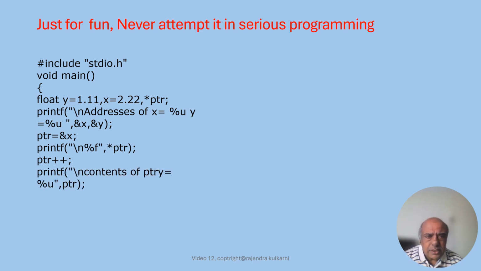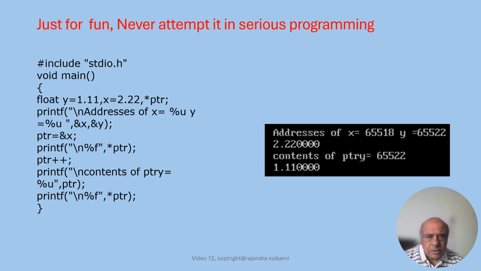Now we are trying here to find out the contents of PTR through the printf statement, and then we are finding out the value stored in a location pointed to by PTR. Run of the program.